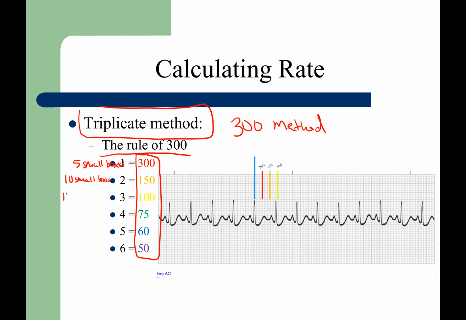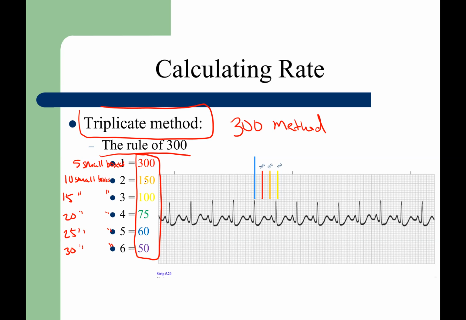The third would be 15, then 20, 25, and 30, all small boxes. So for the triplicate method, what you need to do is ensure that the associated number of small boxes is the same value that you're going to apply to it.